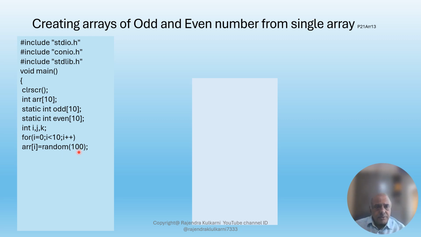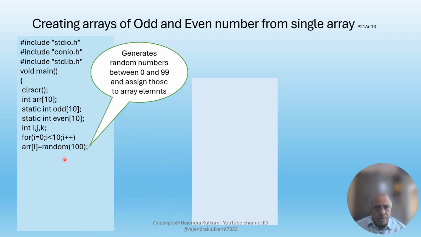This 100 tells the function rand to generate random numbers from 0 to 99, and every time the loop iterates, one random number will be generated and assigned to the array arr elements. So when i is 0, arr[0] will be assigned some random number between 0 and 99 generated by this function.